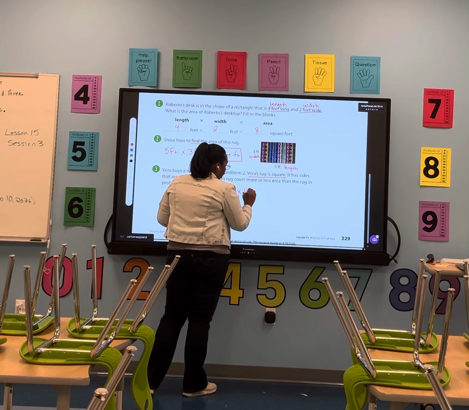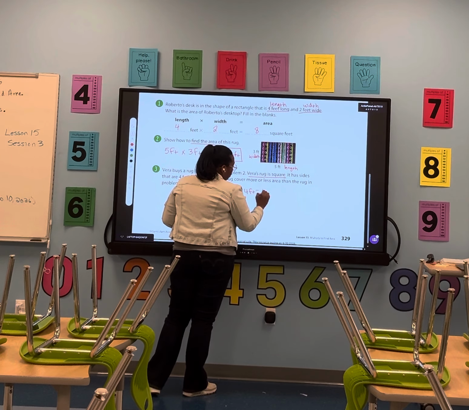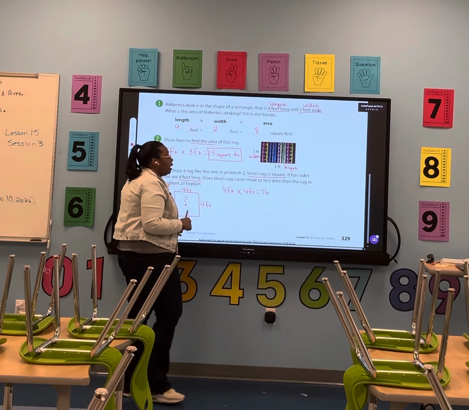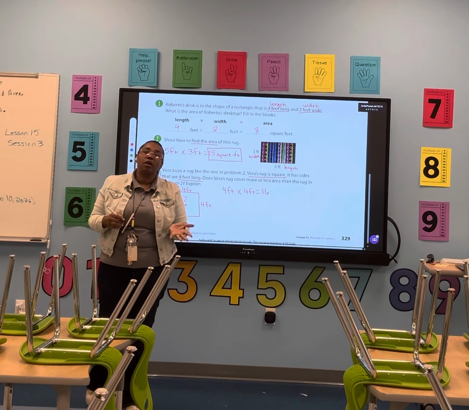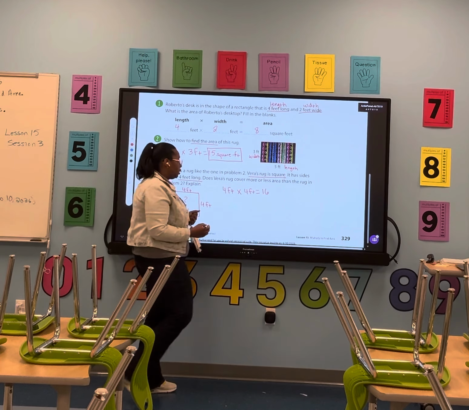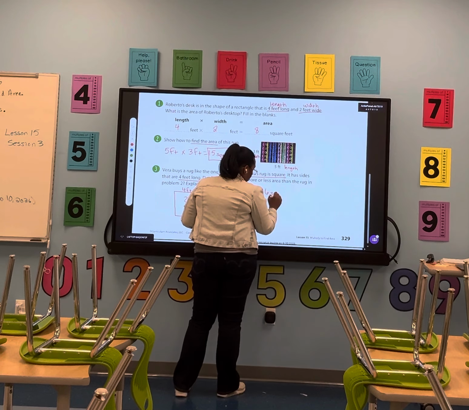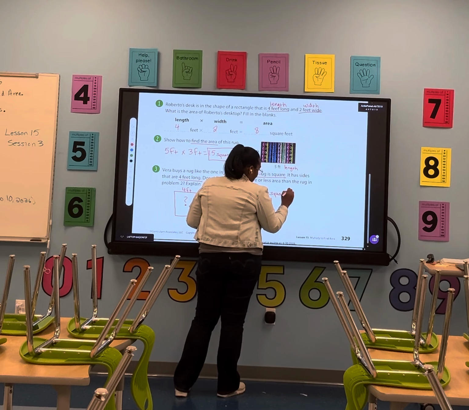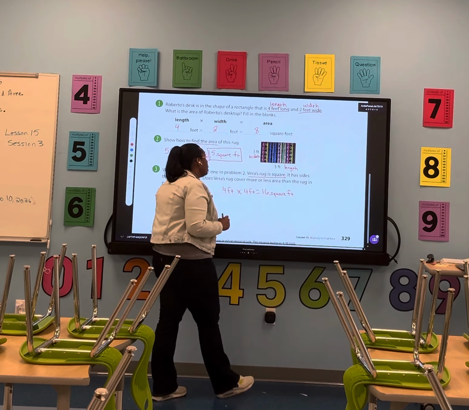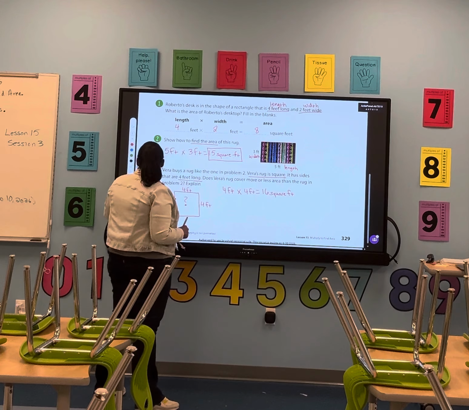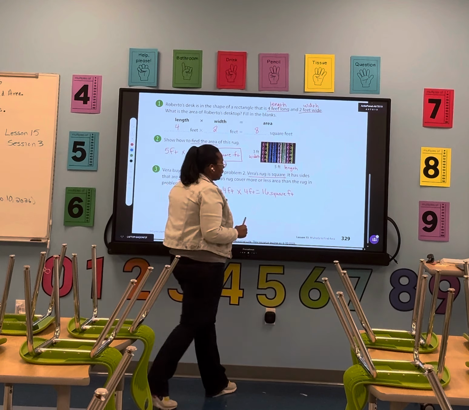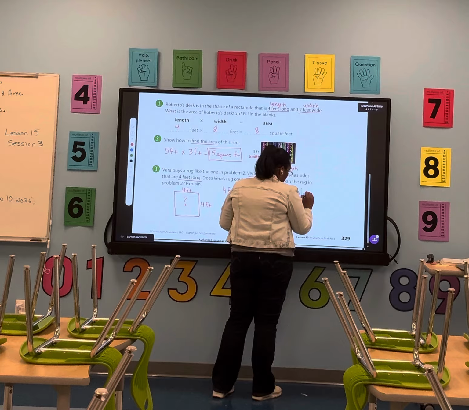When we multiply 4 times 4, this gives me 16. And don't forget, because this is area, we use our special word of square, and then our unit of feet. So Vera's rug is 16 square feet. I'm just going to write on the side that this is Vera's rug.